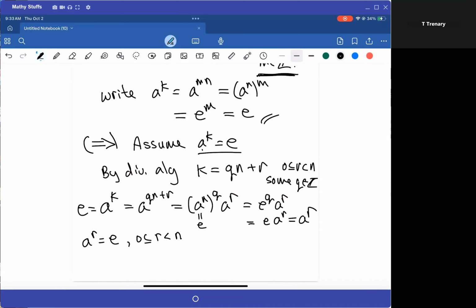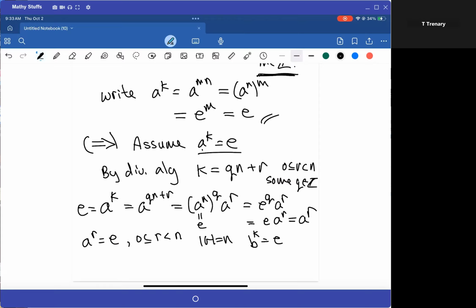Well, we know that the order of the group is n. And that's the minimum positive power that I can raise something to get the identity. So in other words, if I have b to the k equals e, if k is less than n, that can't happen.